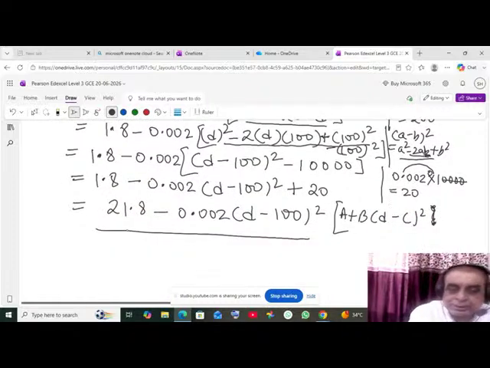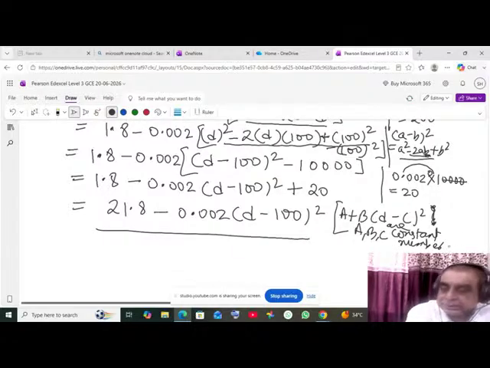Now you compare a plus b times d minus c whole squared with this expression.